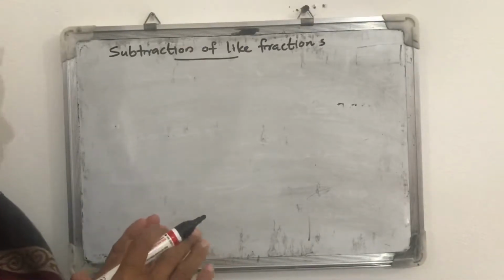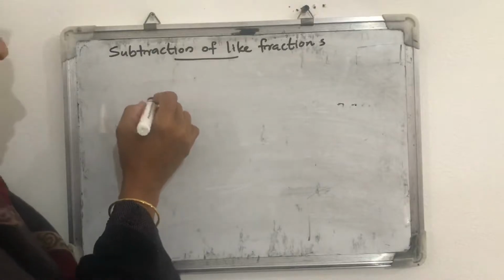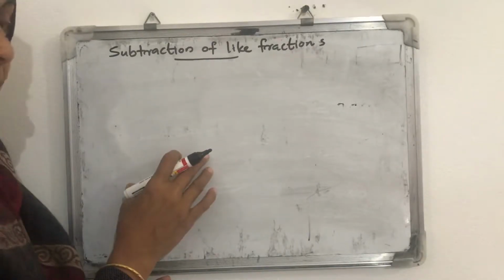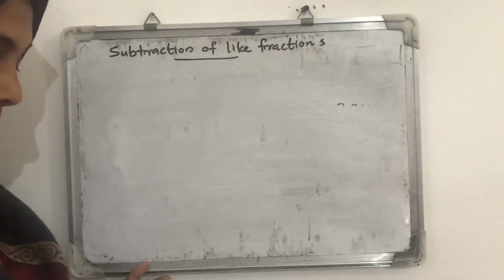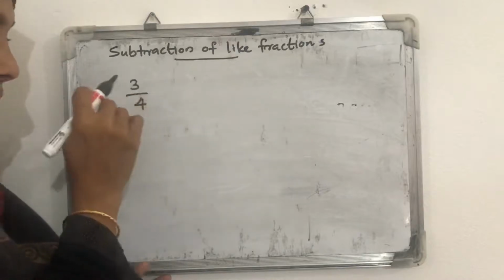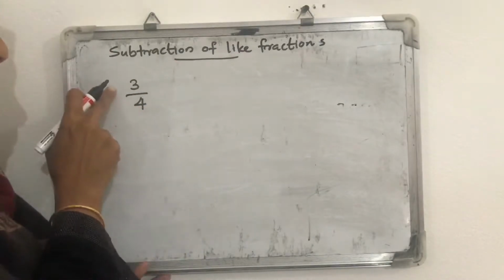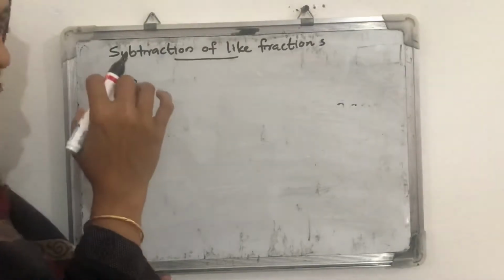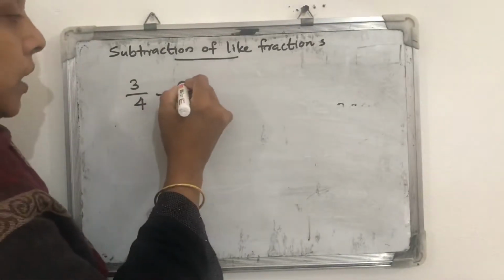We subtract the numerators, then write the common denominator. Suppose from the first fraction we took 3 by 4. Out of 4 equal parts, 3 parts are shaded in the first figure. From that we subtracted 1 part, that is 1 by 4.